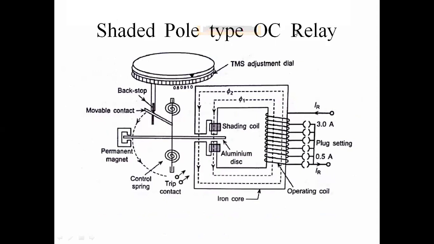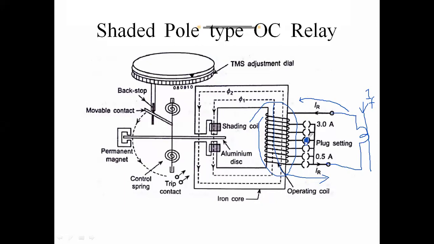Now come here again. So this is the operating coil here. Now there is a CT secondary connected. So when a high value of fault current passes through the line, the relay operating current will pass through this operating coil. By changing the plug setting, we can take a plug here and choose the pickup current level.